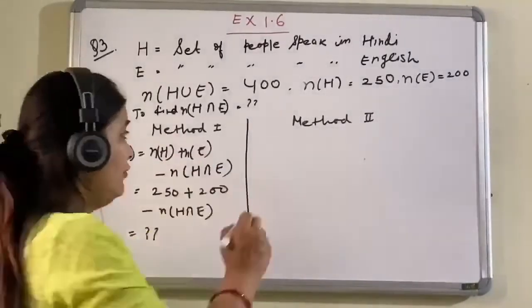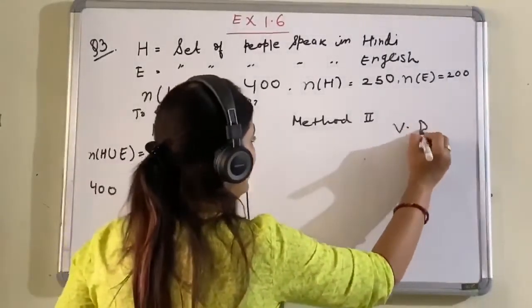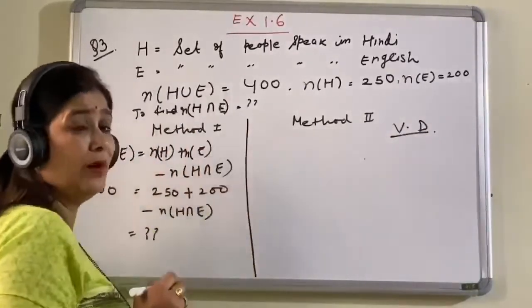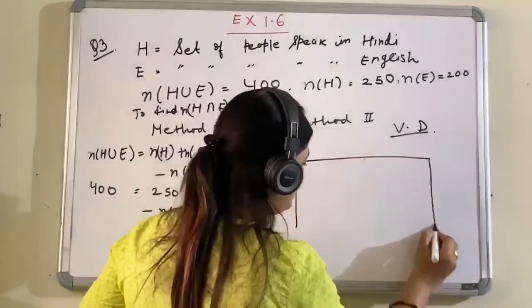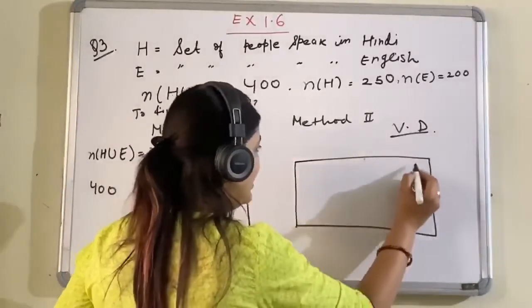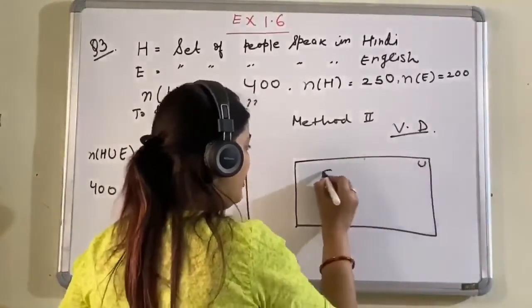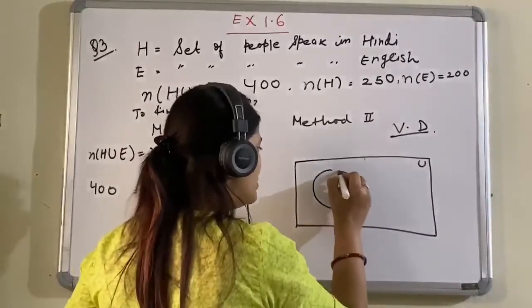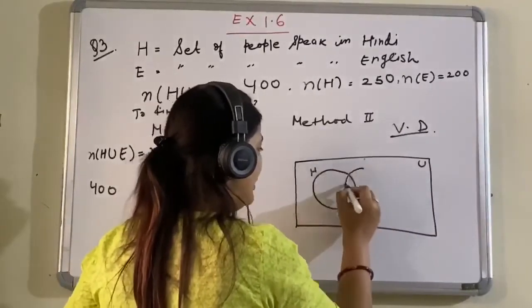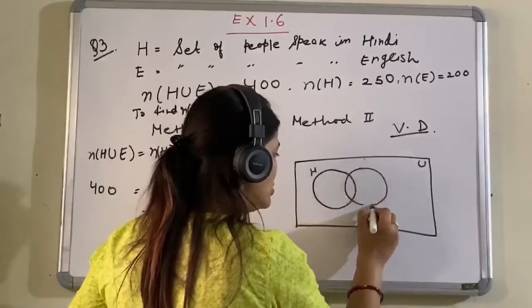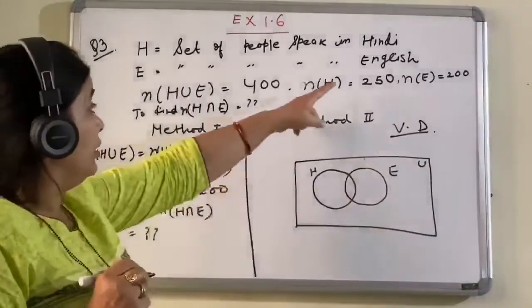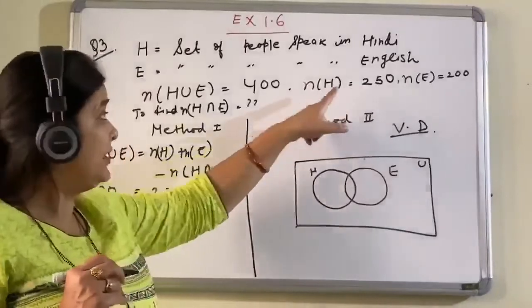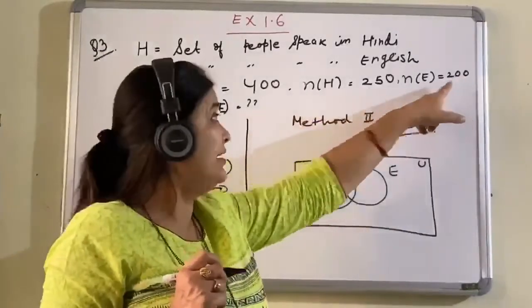Second method is the Venn diagram method. How can you do it by Venn diagram? Make a rectangle. This represents the universal set. Make a set of people who speak Hindi. Another set, the people who speak English. Now, 250 people speak Hindi and 200 people speak English.